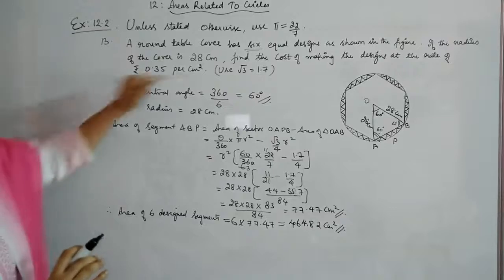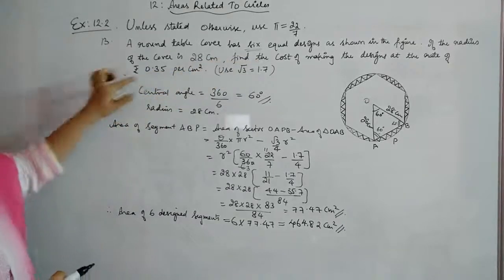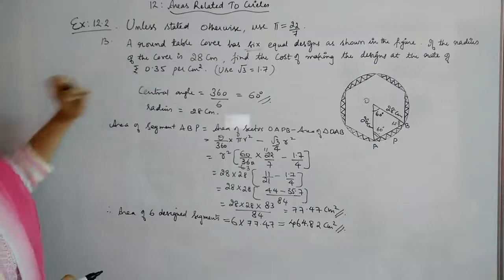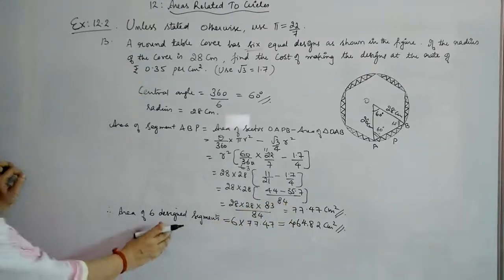Now what is the question is, find the cost of making the design at the rate of 0.35 rupees per centimeter square. So this much of centimeter square is your area.